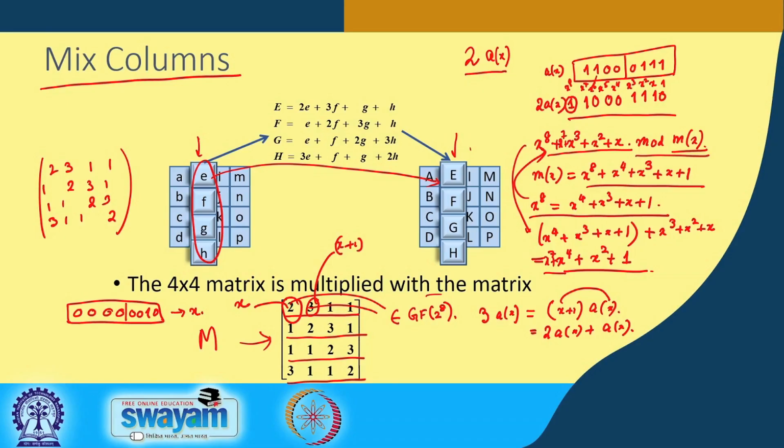Okay? So likewise 3 will be what? 0 0 0 0 0 0 1 1, and this stands for x plus 1, right? So like this you can do all the other computations. Right? This is understood to all of you?